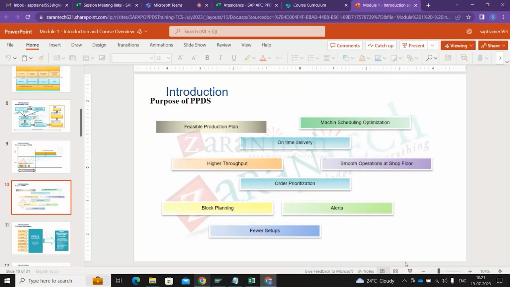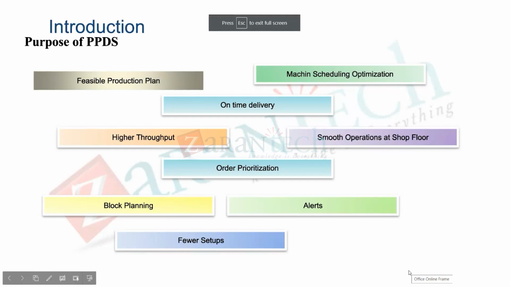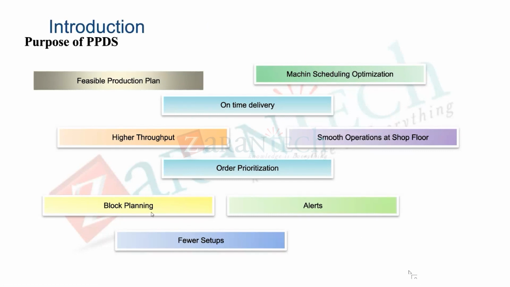You can do order prioritization also. We'll see the prioritization scheduling heuristics. Block planning is something possible with PPDS. As a concept, block planning is if you want to reserve a particular resource for a particular sort of order, say all the red color items, if you have the characteristic of red assigned to the product, then the PPDS scheduling would just reserve that resource for them.